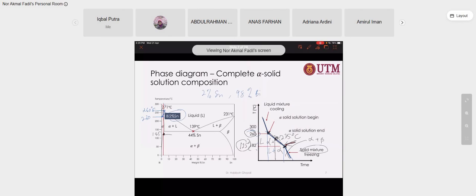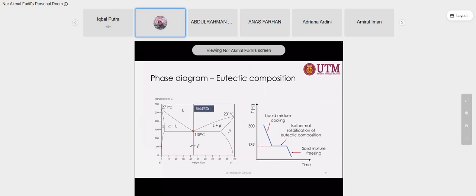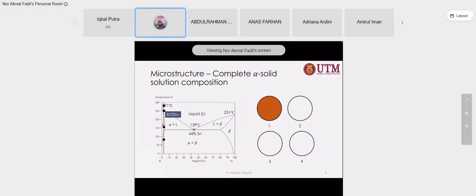If we look at the phase transformation here, point number one, let's say it is above 271 degrees Celsius. At this point, it is only liquid. You can draw like this. And then point number 2.